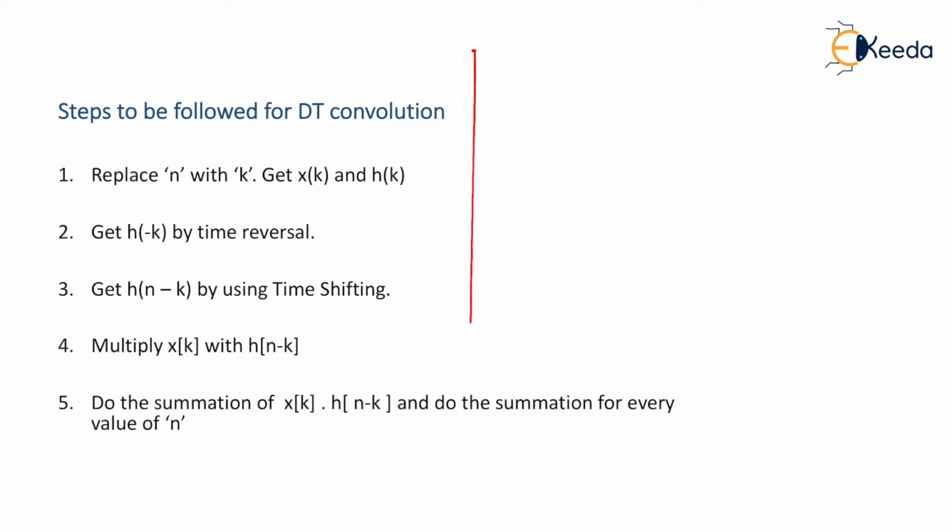For that, we will recall the formula of discrete time convolution. If you refer this formula, you require x of k. And let me tell you, whenever you want to carry out discrete time convolution, what is known to us is x of n along with h of n.